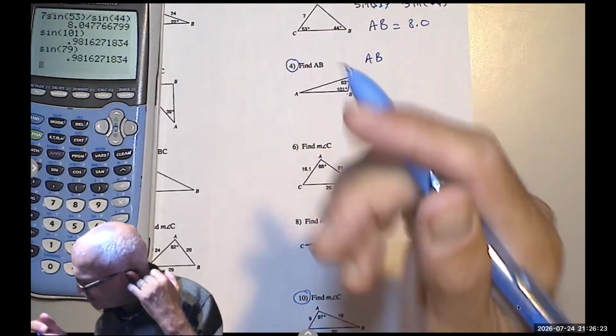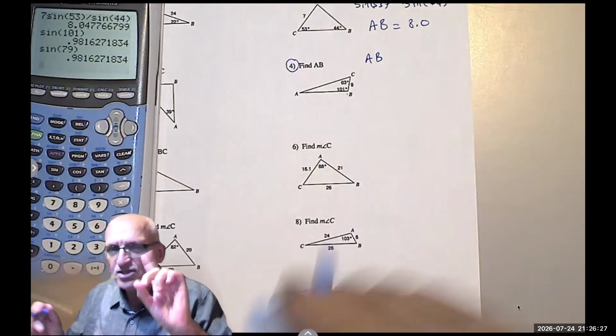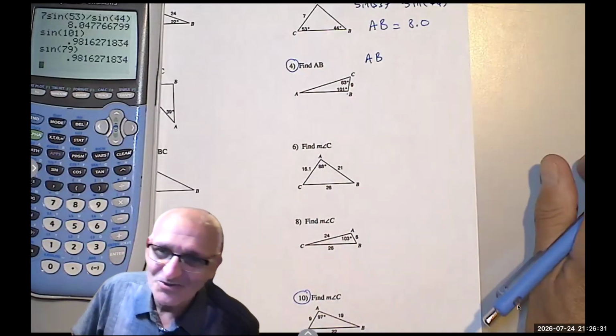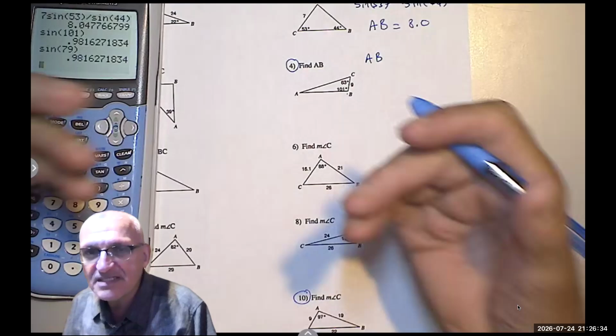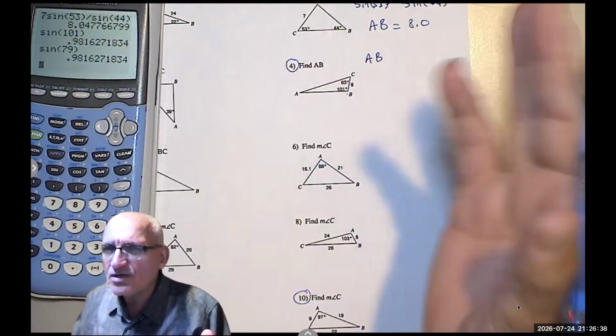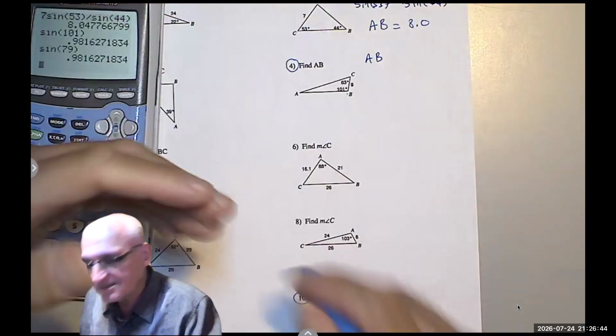If someone tells you it's A over sine A equals B over sine B, you don't say, no, no, no, it's sine A over A equals sine B over B. That's what I don't want you to do. Understand that we have flexibility in math. As long as you're not doing something wrong, even if it looks weird, it may be correct. If you can justify it, if you can say, well, I did this, this, and that.